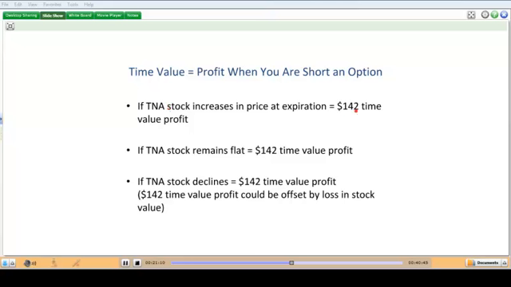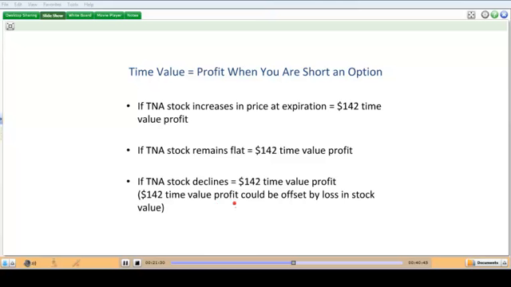So let's assume that TNA stock remains flat, you still collect the $142 in time value. And if TNA stock declines, you still get to keep that time value, but your time value profit could be offset by a loss in the stock, depending on how far the stock goes down.